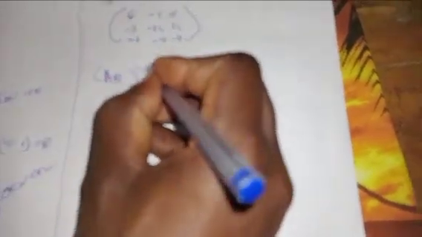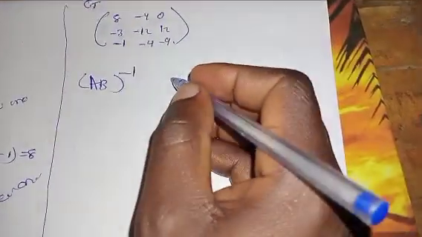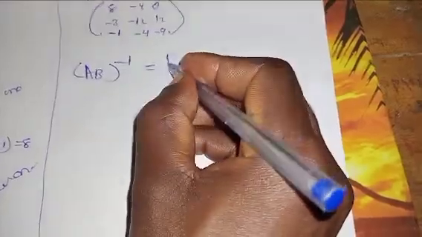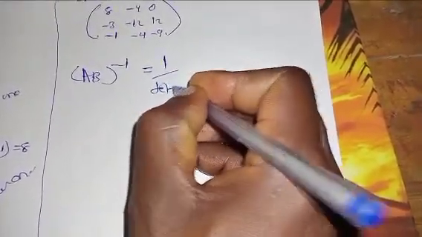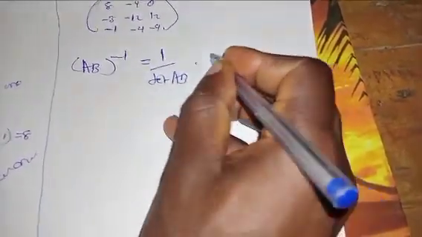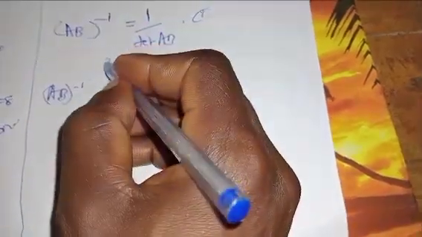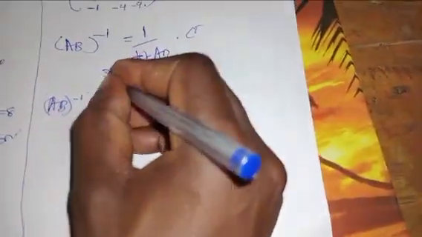So what is now the AB inverse? AB inverse is equals to 1 over determinant of AB times C transpose. We got our determinant to be 36.